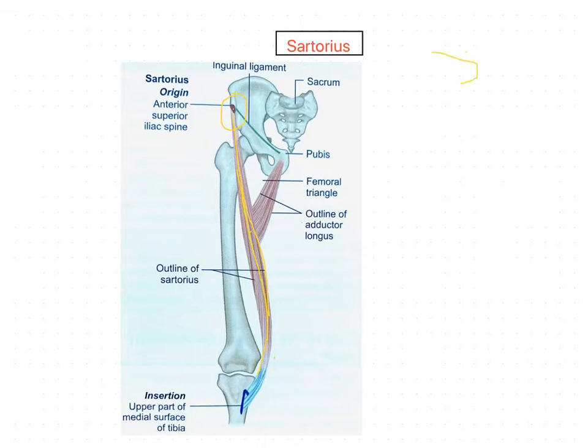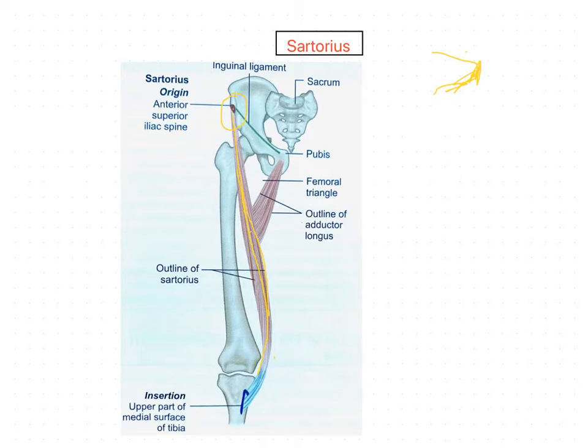So these are the origins of the sartorius from the anterior superior iliac spine.